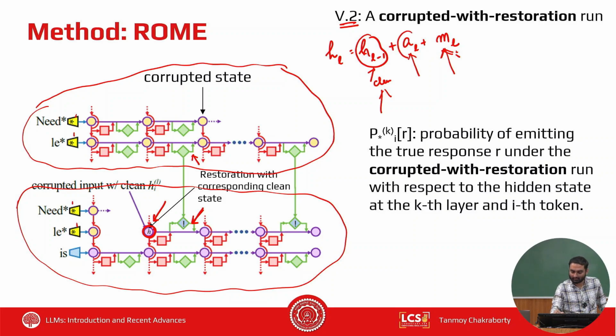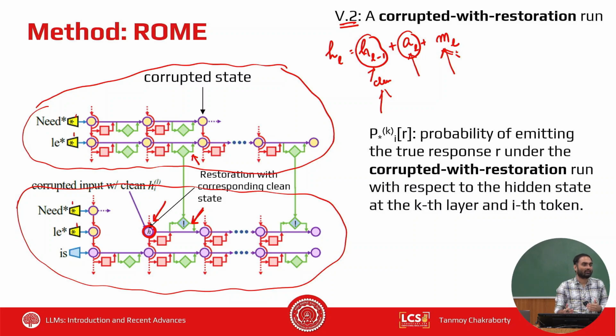Remember, this A_L will be operated on top of H_(L-1). H_(L-1) will be fed to A_L, so A_L will be affected by H_(L-1)'s clean state. So ideally A_L's output will move to M_L. I do not want to do that. So I cut this connection, and I restore M_L by the corrupted one.